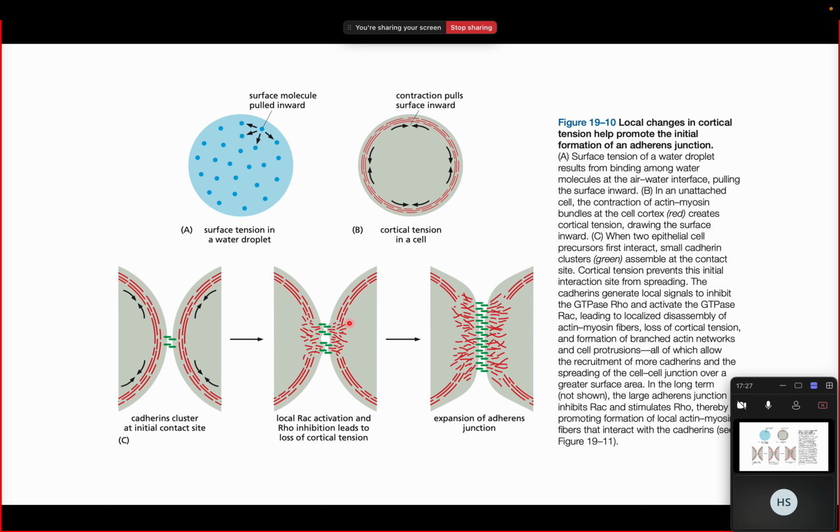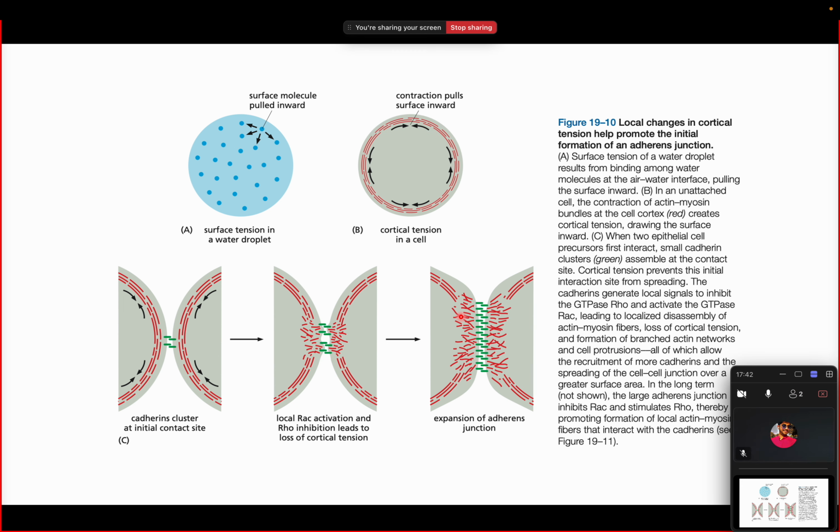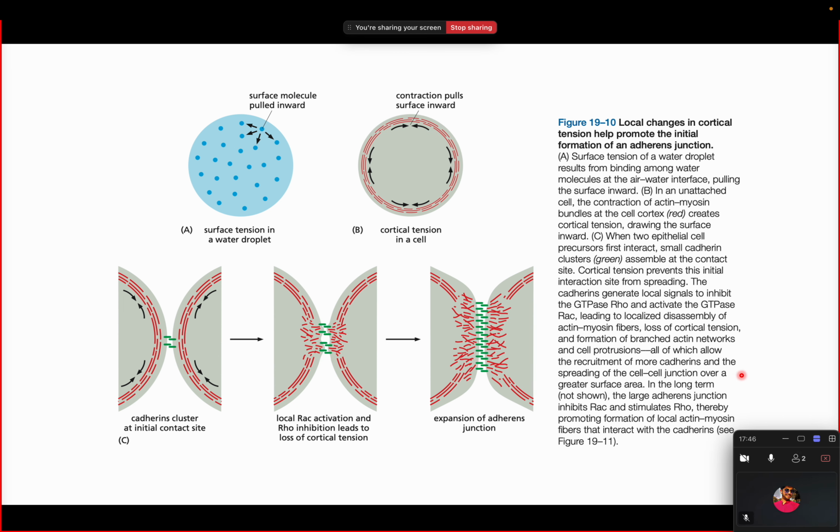Okay, and formation of a branched actin network and cell protrusions, all of which allow the recruitment of more cadherins and the spreading of the cell-cell junction over a greater surface area. In the long term, the large adherens junctions inhibit RAC and stimulate Rho, thereby promoting formation of local actin myosin fibers that interact with the cadherins.